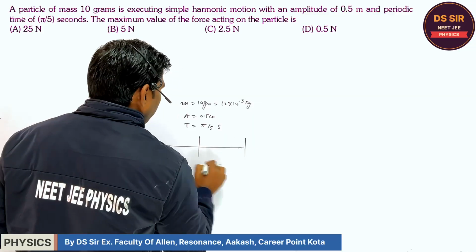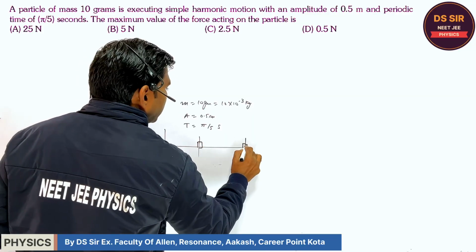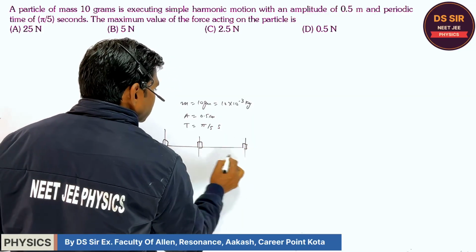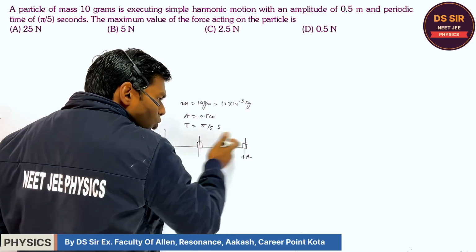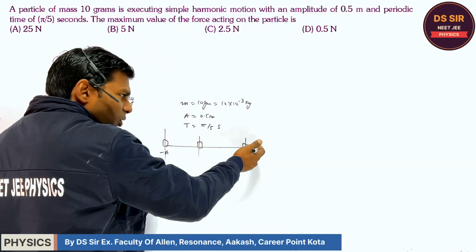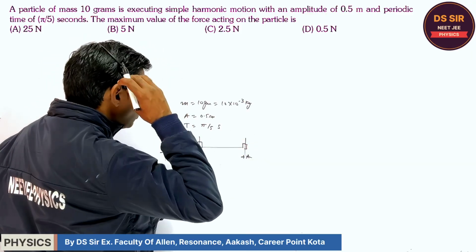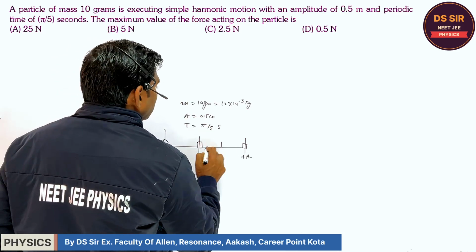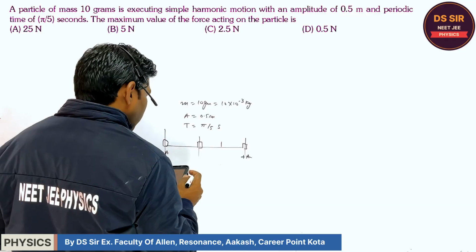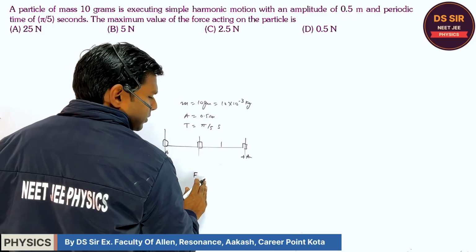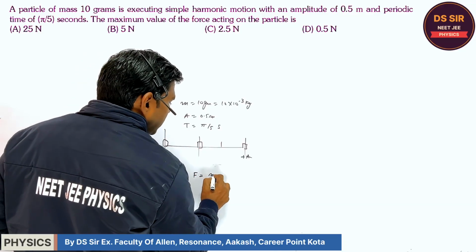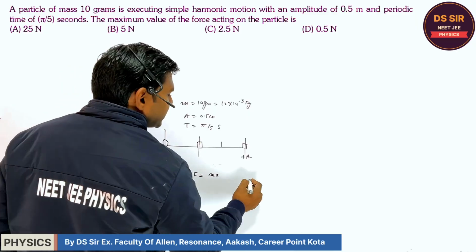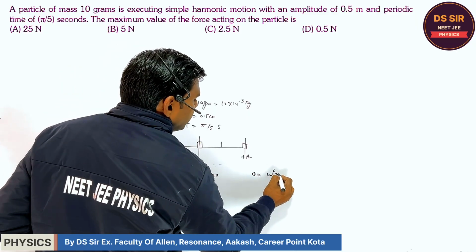When the particle is performing oscillation, the restoring force towards the mean position always acts. So they are asking the maximum value of the force. The force is m into a. And what is the acceleration of the particle as a function of x?